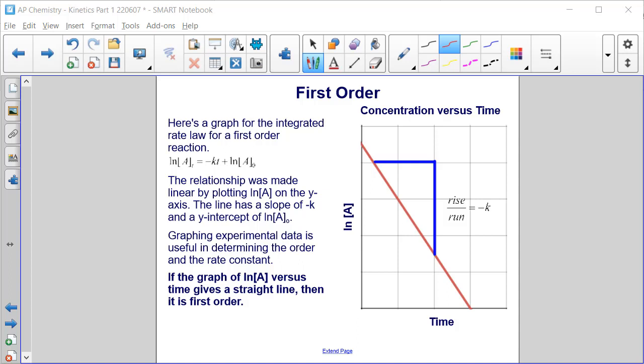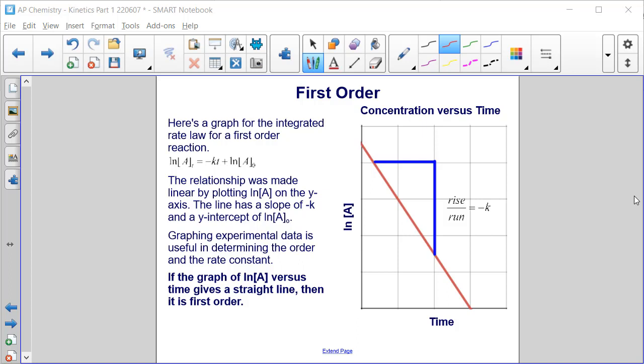Here's a graph for the integrated rate law for a first order reaction. On the y-axis, I've graphed the natural log of the concentration of A. On the x-axis, I've plotted time. I get a line, and the slope of that line is equal to minus k. The relationship was made linear by plotting the natural log of the concentration of A on the y-axis.